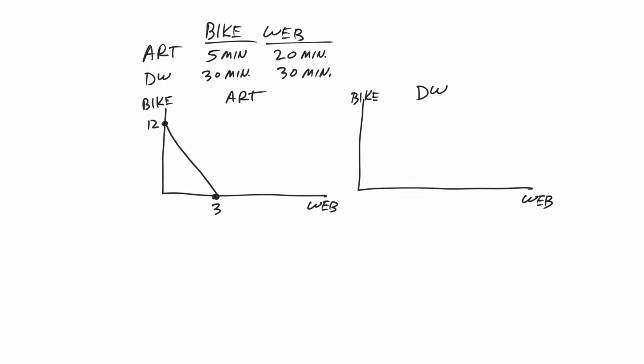Well, if she can do one in 30 minutes, that means she can do 2 in an hour. And the same with web page production. She can do 2 per hour. Again, we'll assume a linear relationship. There we are. There's DW's production possibilities curve.